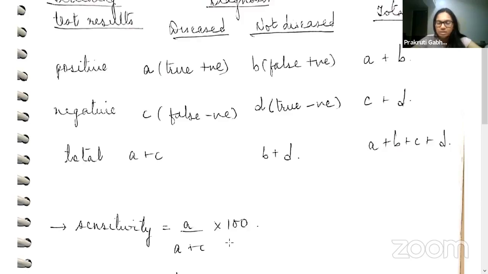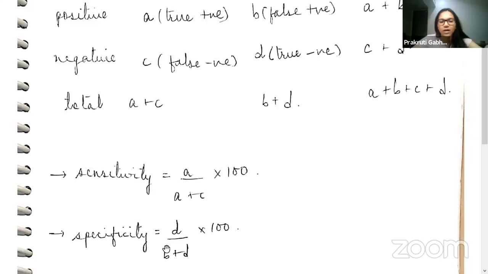Similarly, specificity would be the ability of a test to identify the true negatives. Suppose 100 non-diabetics come to me, and out of them my screening test shows negative for 80.